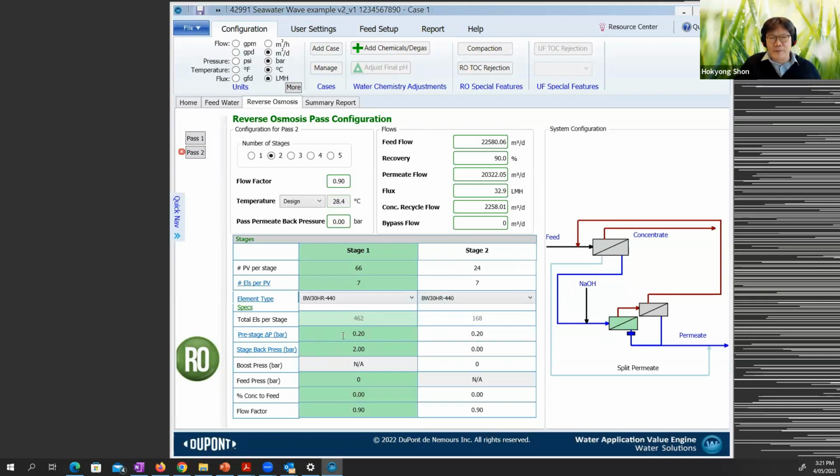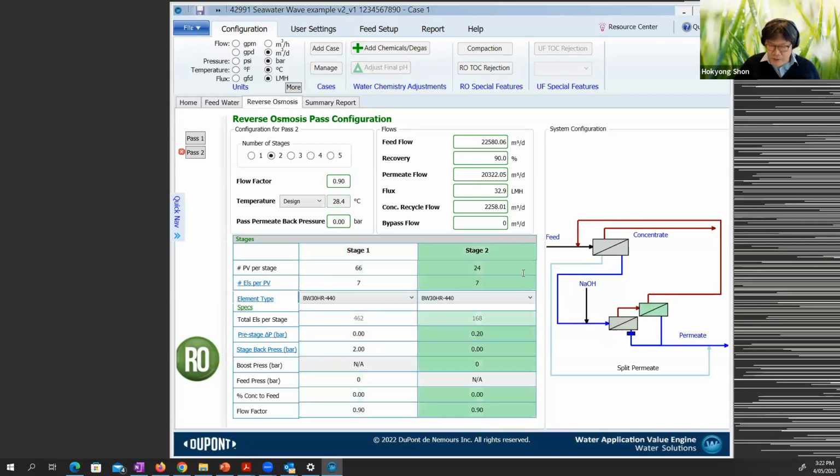So you have additional pressure. If you give 0 here, and also 0 for this one, you can see in the report how this will change, because you will have 0.2 bar less delta P, because this is automatically coming through, and then you can add your overall pressure plus your pre-stage pressure difference, so that you will get the additional pressure.